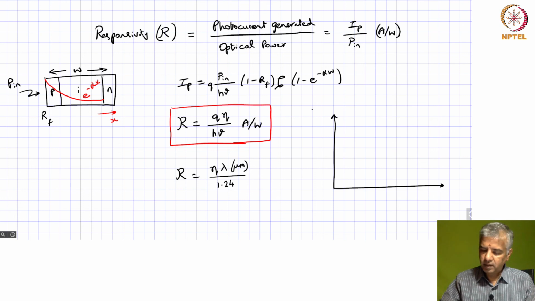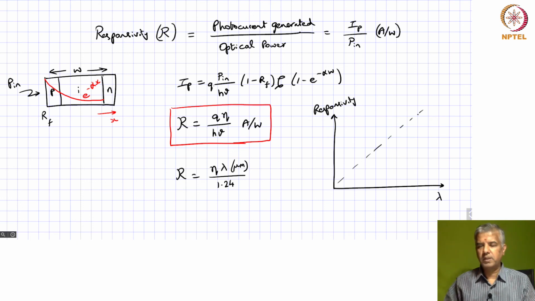If I am looking at the responsivity as a function of wavelength, we are saying that for a certain value of eta, the responsivity will be larger as a function of lambda.